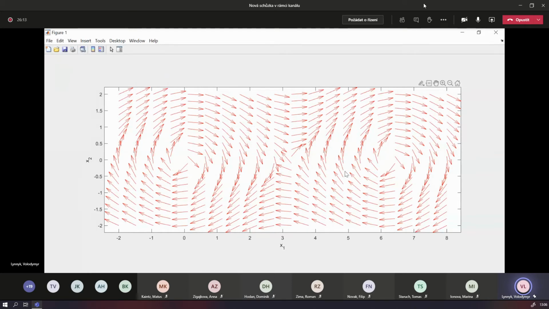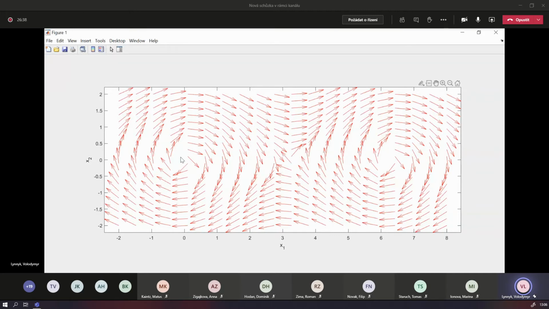Yeah. And can you characterize this equilibrium point here, only from this vector field? You see there is one equilibrium point here at 0, one here at 2π, and one at π.